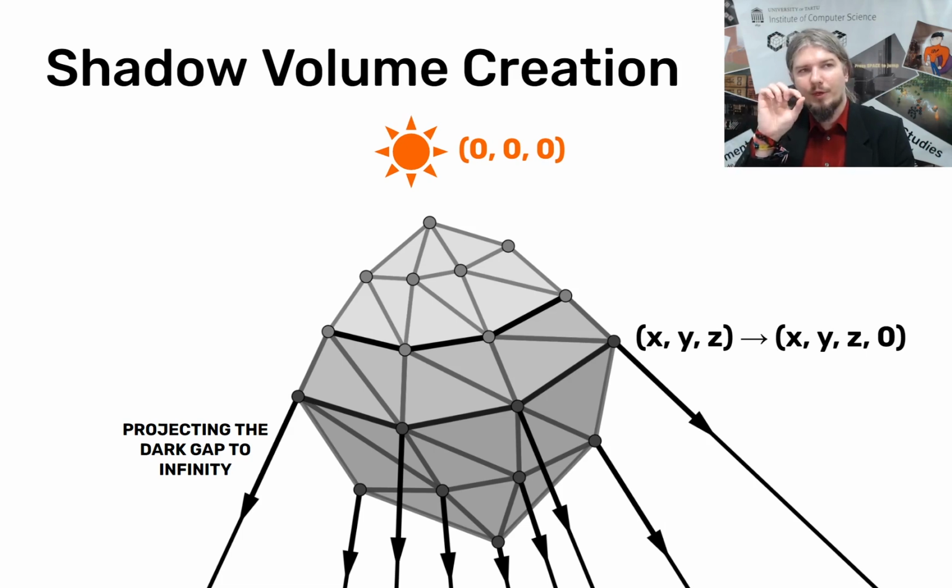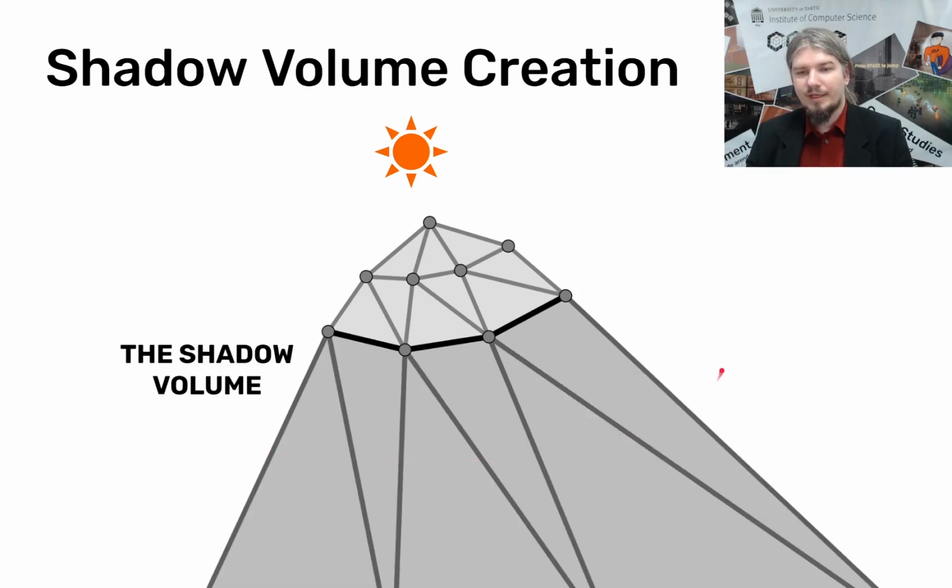So from our viewpoint, we can see the point in infinity that this laser pointer would approach. And it's similar with this dark gap. So while we are projecting these vertices to infinity, they might still be in finite locations in our final render. But basically, yes, this will create this shadow volume. These sides will be the sides of the shadow volume, and the light gap and dark gap cap the volume from both ends.